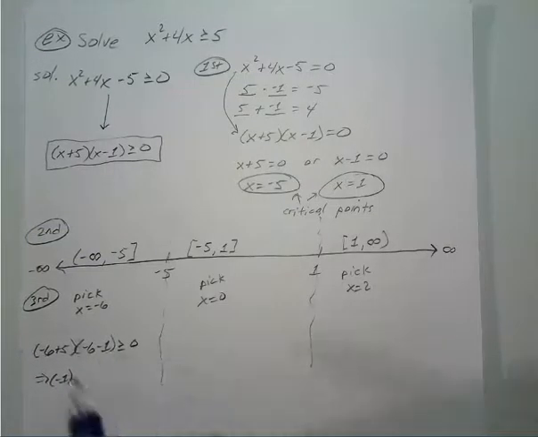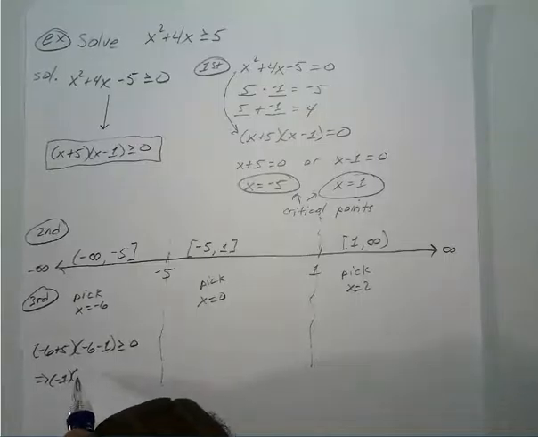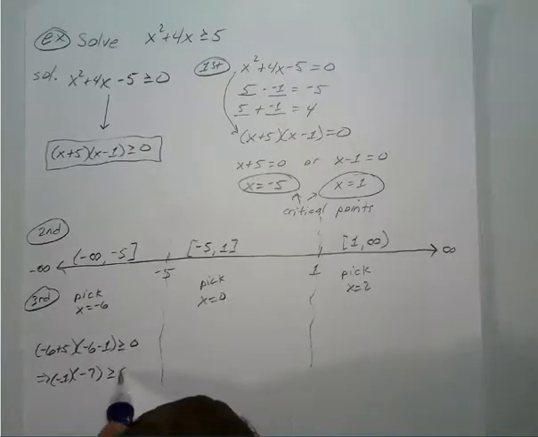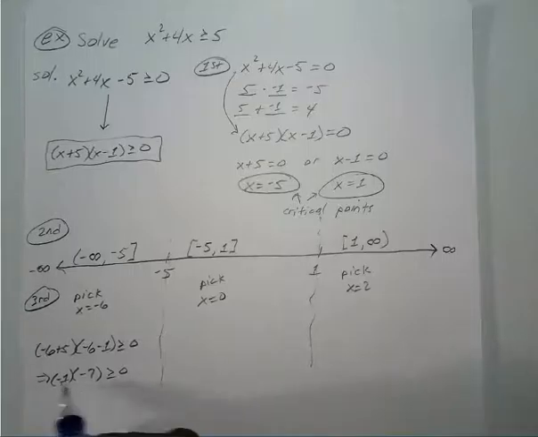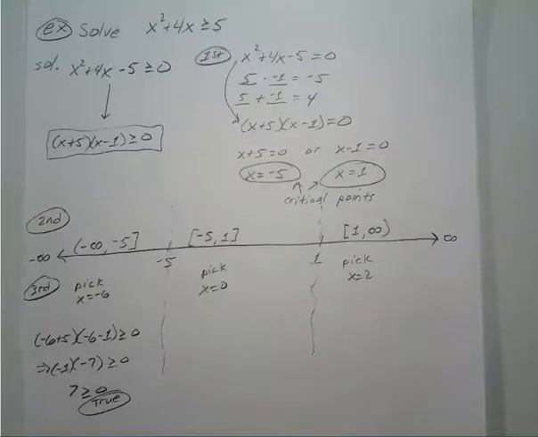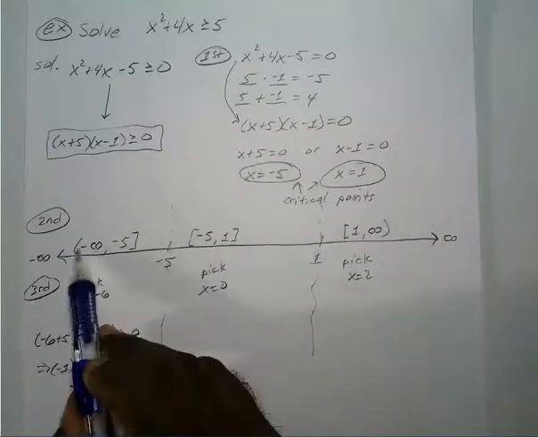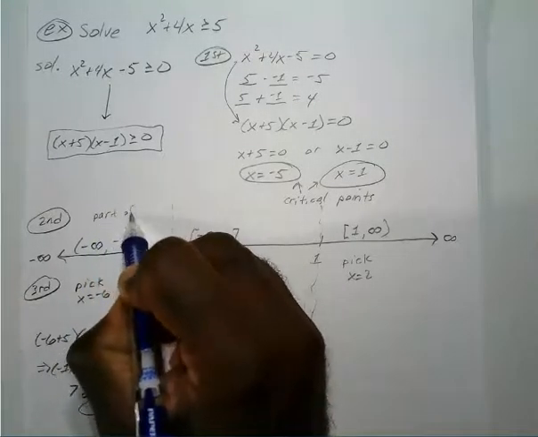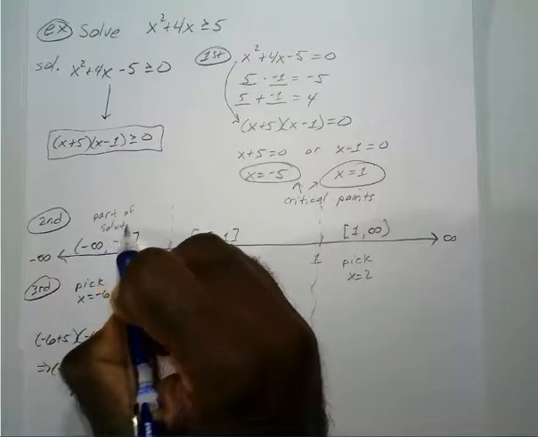Negative 6 minus 1 gives us negative 7, is greater than or equal to 0. Negative 1 times negative 7 is greater than or equal to 0, which is true. Okay, so since it's true, we know that negative infinity to negative 5 is part of the solution.